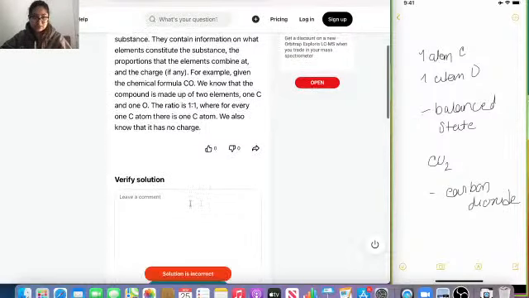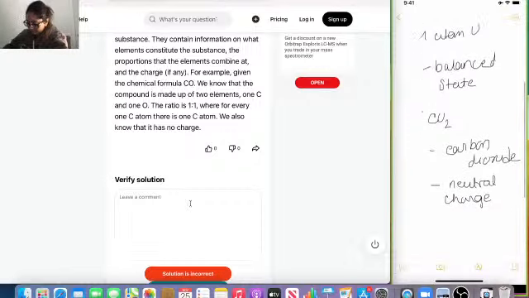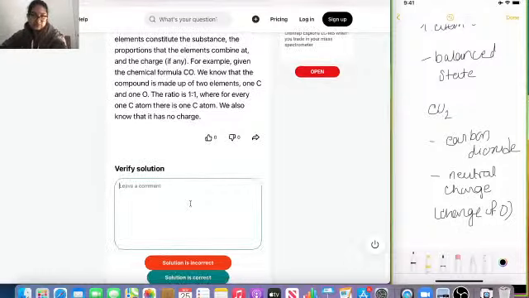We also know that it has no charge. A chemical formula has a neutral charge, so a charge of 0. So yes, this is correct.